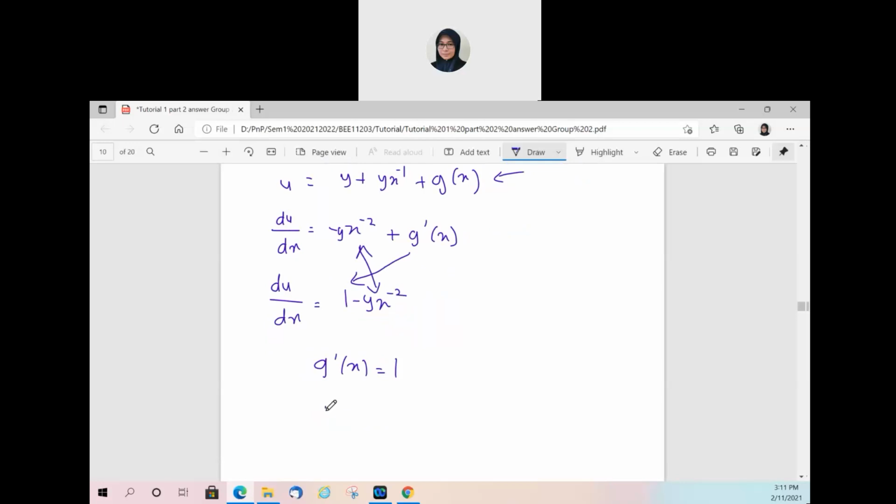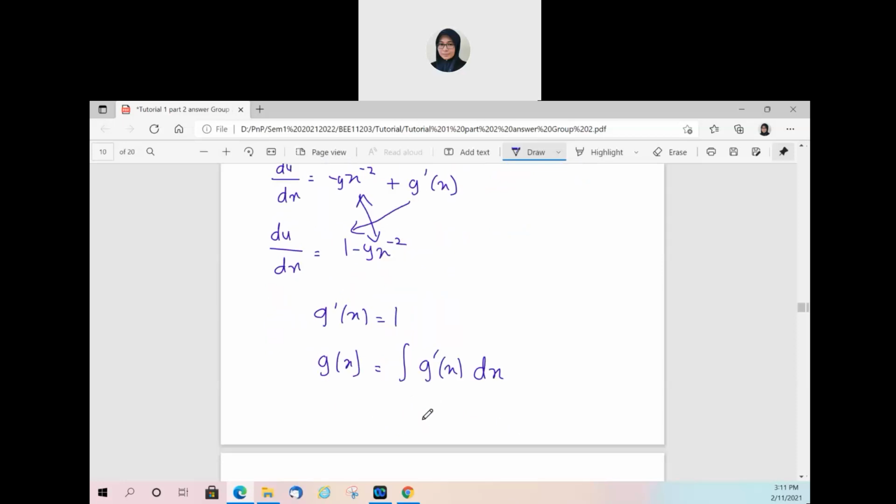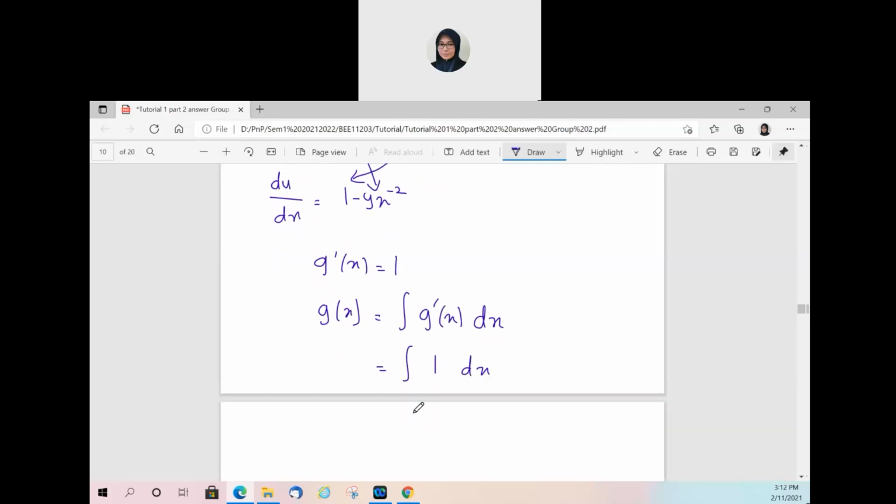You want to find gx. You want to find gx from g prime, then you have to integrate g prime x dx. So what is g prime x? G prime x is 1 dx. So what is your gx? You integrate 1 terhadap dx, you get x.